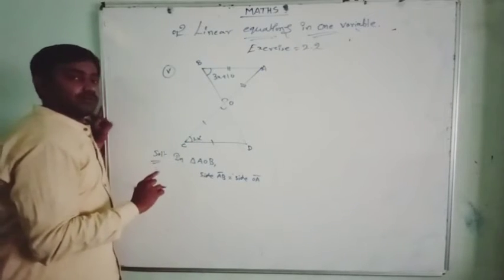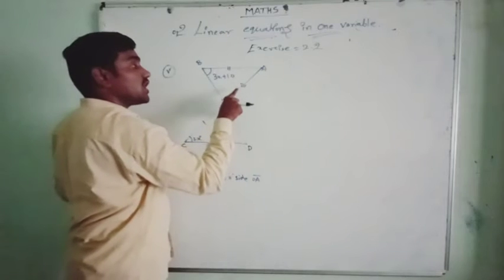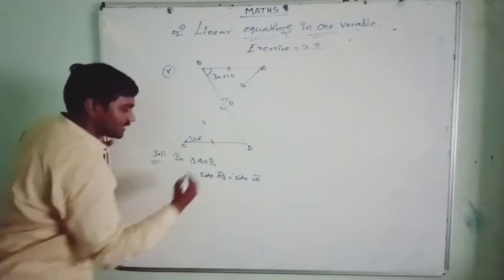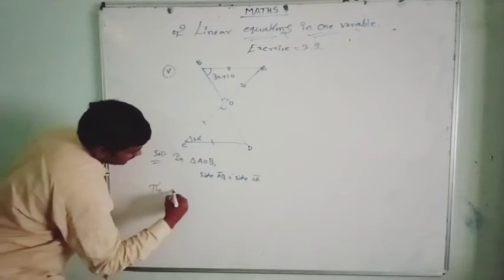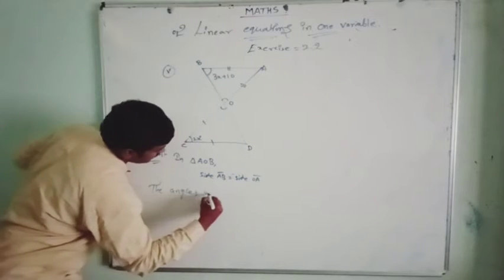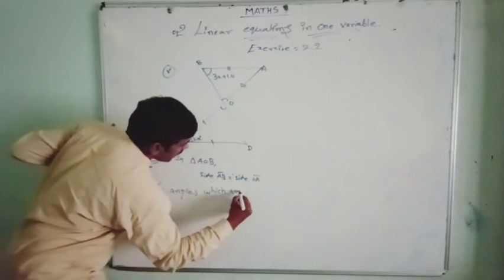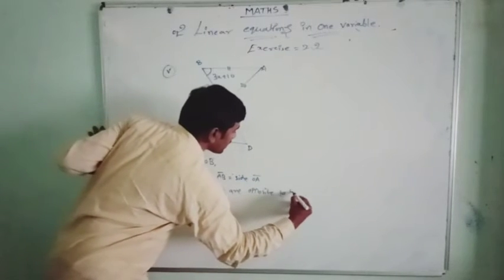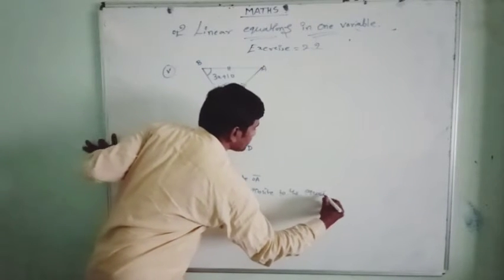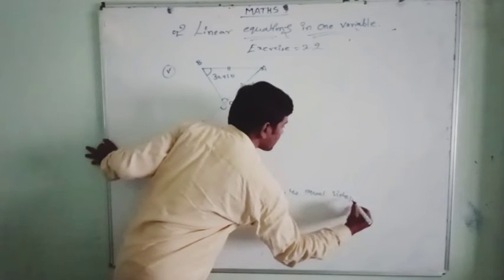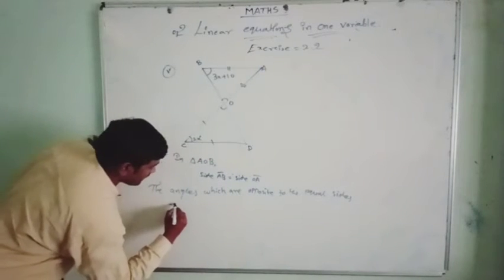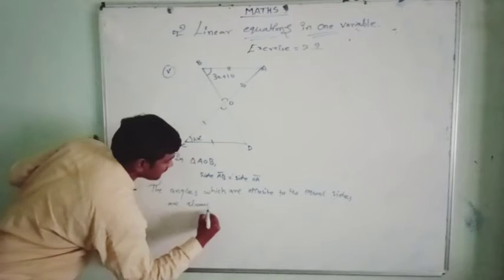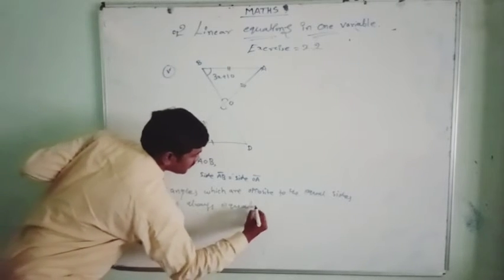So we can write now: the angles which are opposite to the equal sides are always equal.